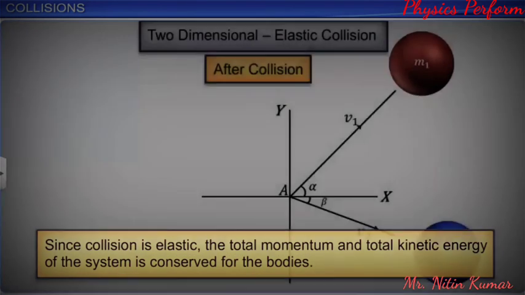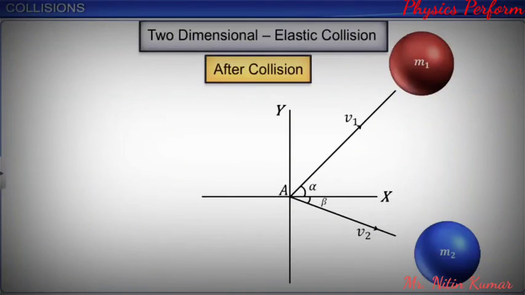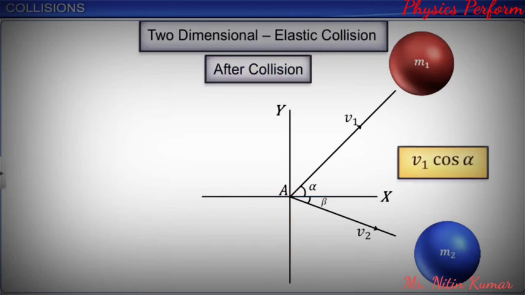The law of conservation of momentum must be applied both along the x-axis as well as the y-axis. v1 cos alpha and v2 cos beta are the components of v1 and v2 respectively along the x-axis.